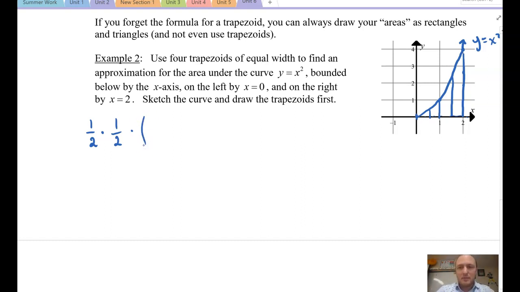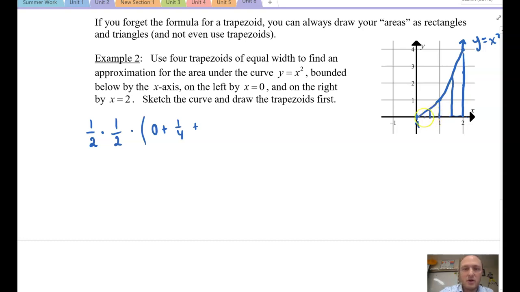I'll take this first value, which I'll call h sub 0, and that height is 0, plus the second height, which is 0.5 squared, or 1/2 squared, so that's 1/4. Plus, again, now I want the summation of these two heights.